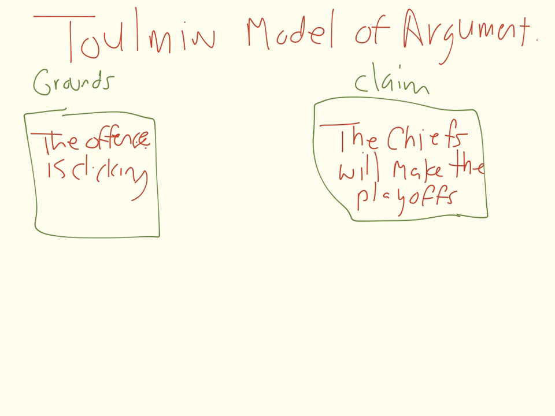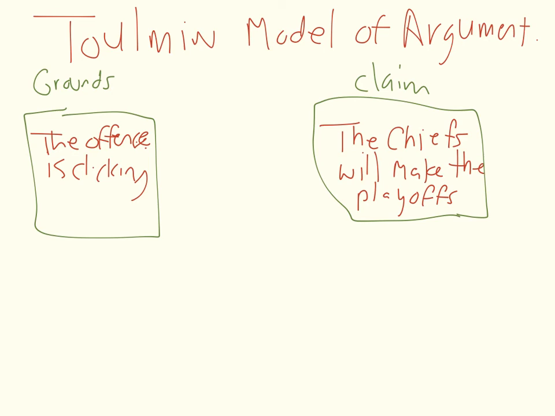In other words, grounds are the reasons that support your claim, but it's very specific, because there are going to be different kinds of reasons that support a claim in a second. So the grounds are a statement about persons, conditions, events, things in the world that provide some kind of logical support to this claim. So far my argument is this. My claim is the Chiefs will make the playoffs on the grounds that their offense is clicking. Okay? So you have claim and you have grounds.